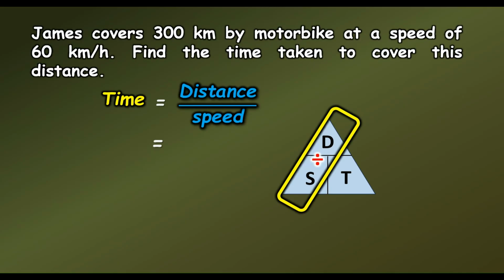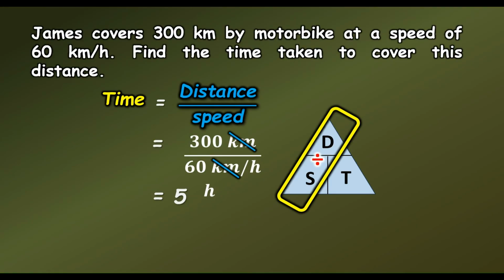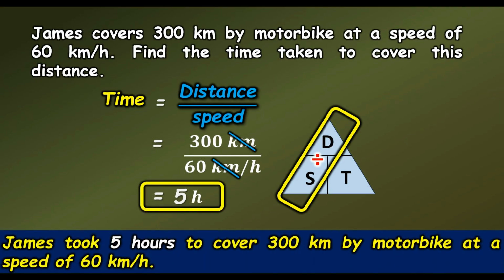This refers to the distance. 60 kilometers per hour refers to the speed. 300 divided by 60. Yes. 5. Let's cancel the same units, and retain the unit, hours. The answer is that James took 5 hours to cover 300 kilometers, by motorbike at a speed of 60 kilometers per hour.